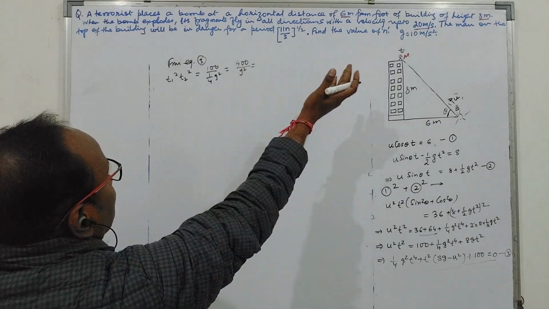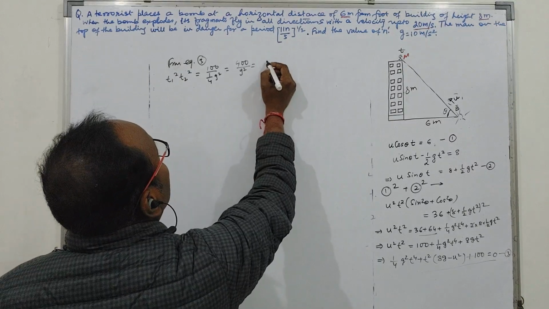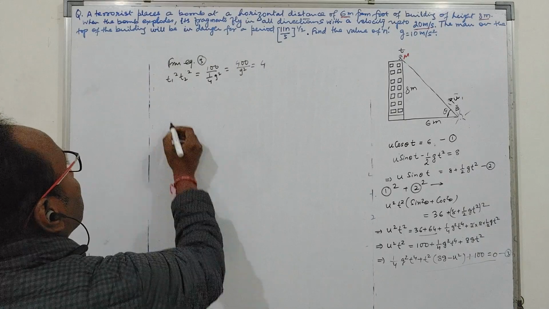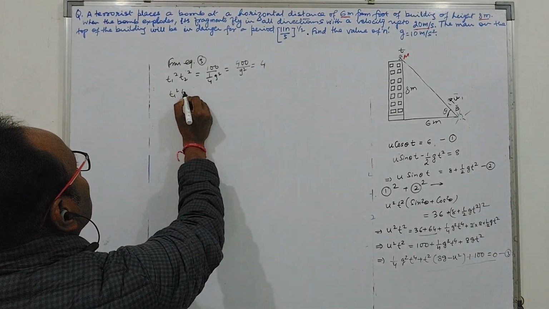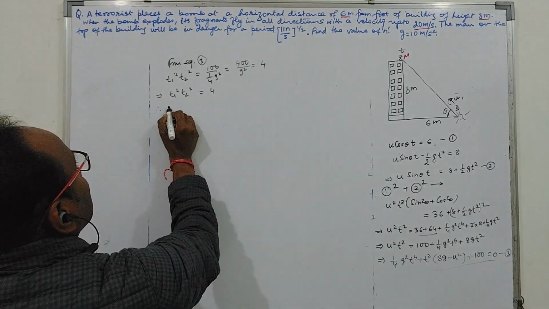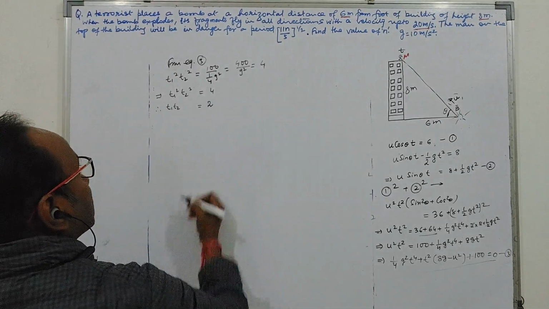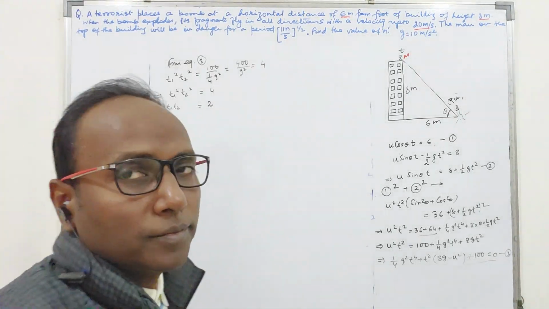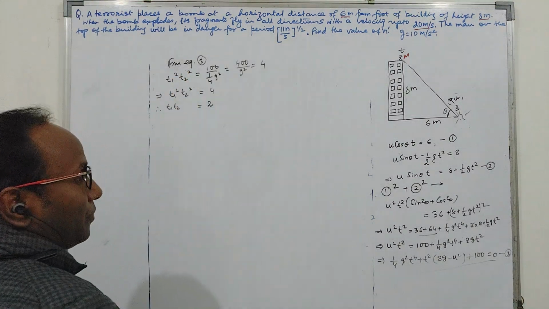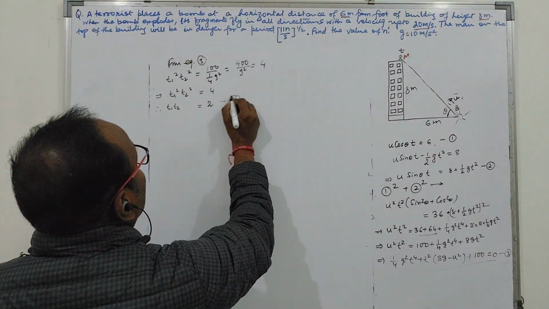G you can write for your convenience 10 meter per second square. So this will become your 4, right? So t1 square t2 square has become 4. Hence t1 t2 will be 2. Time cannot be negative, so negative part we will discard, right? So this is your number 4 equation.